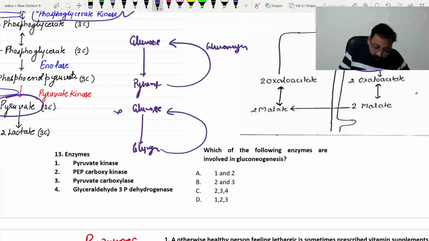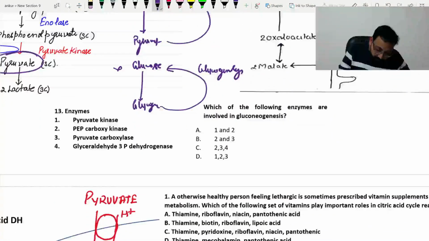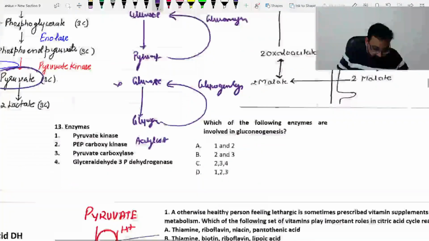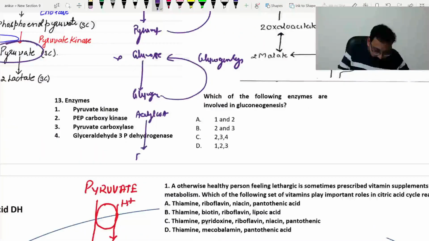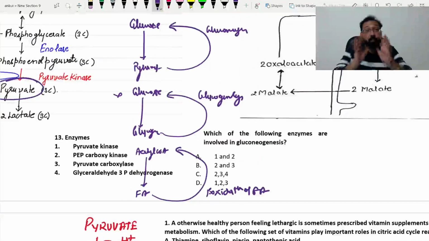Glycogen to glucose, glycogenolysis. You all know. I write here again acetyl coenzyme A. Acetyl coenzyme A to fatty acid, that is fatty acid synthesis. Fatty acid to acetyl coenzyme A, beta oxidation of fatty acid. These are three opposite pathways.